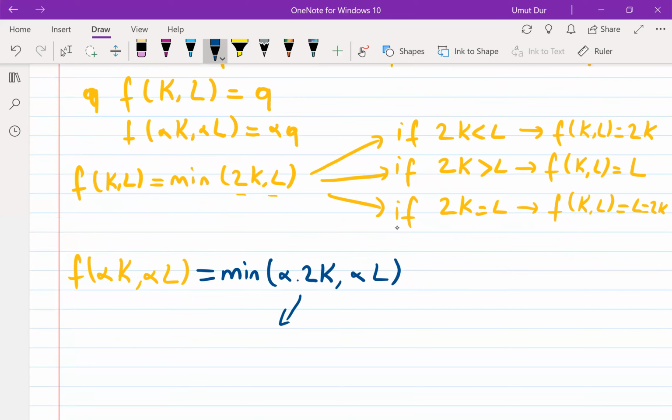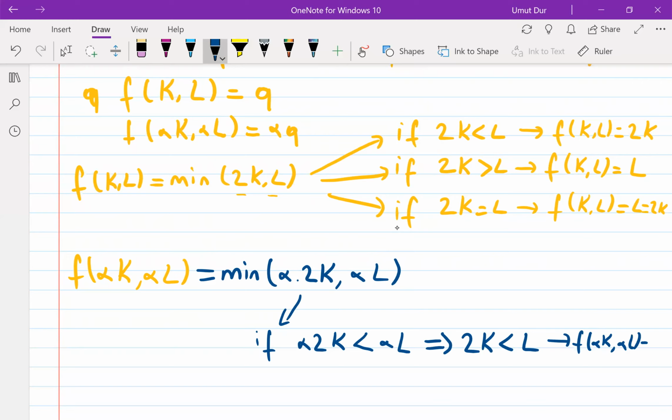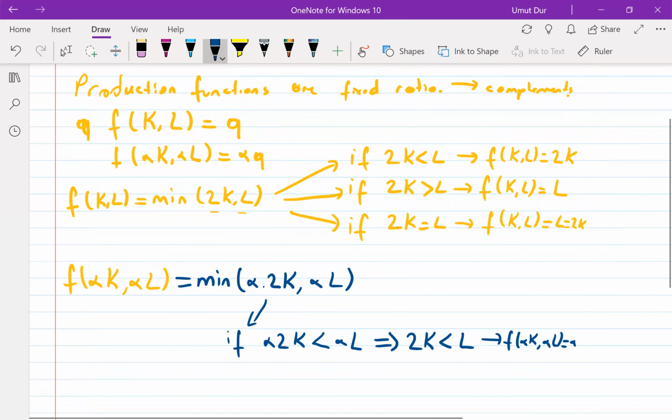If alpha 2K is less than alpha L, we can cancel out the alphas, so 2K is less than L, and my output level is alpha 2K.